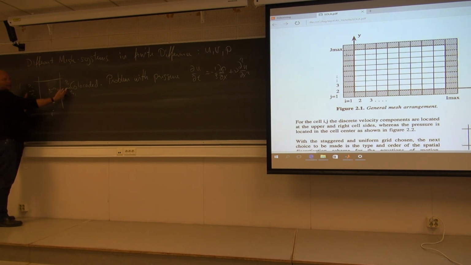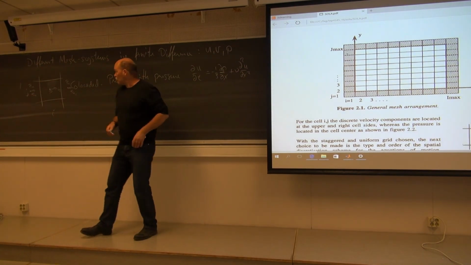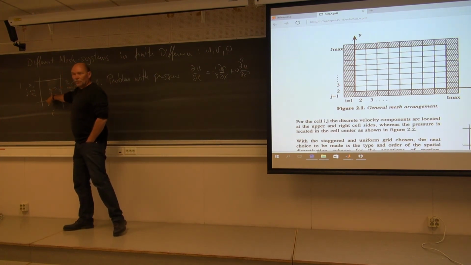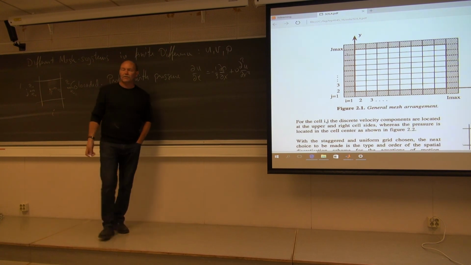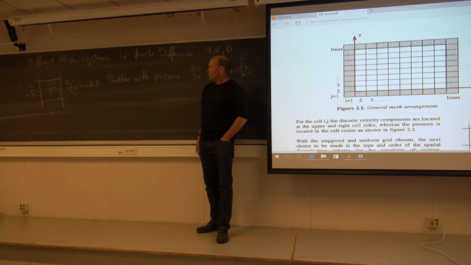Then you can create a central difference using those two and then divide by 2 times delta x. Yes, you can do that. But then you see the pressure P i in the center point where you're standing doesn't enter the equations. Meaning every other pressure point is decoupled from the solution.